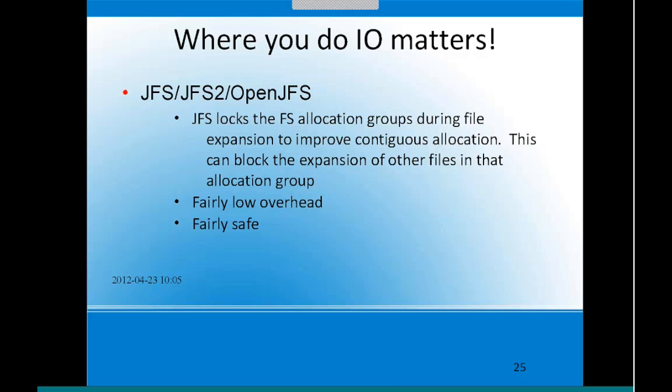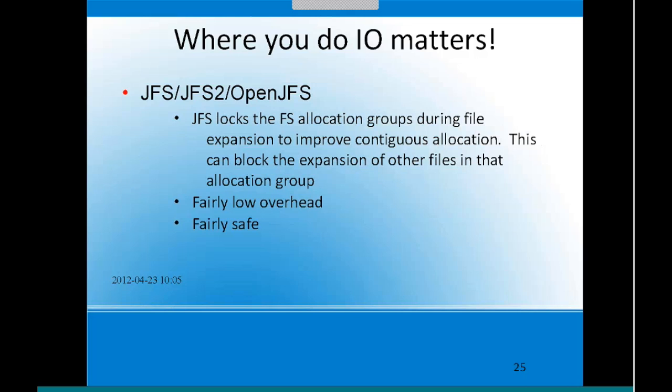Also, JFS locks the allocation groups, which are how it keeps track of free space on the file system, and that means that when it allocates a new extent to a file, expansion of multiple files at the same time can block each other and single thread, and even contiguous I/O does not get us past that.